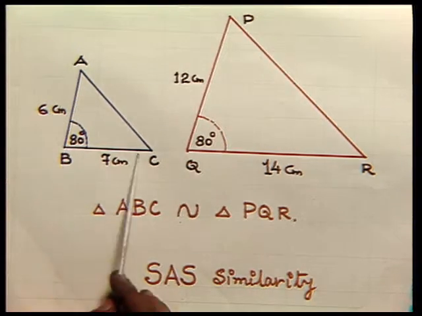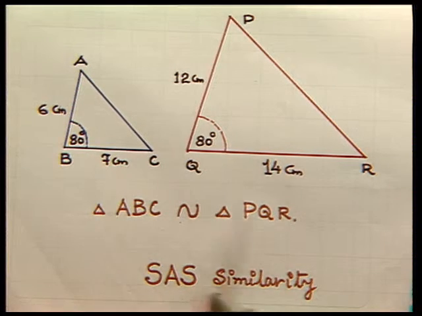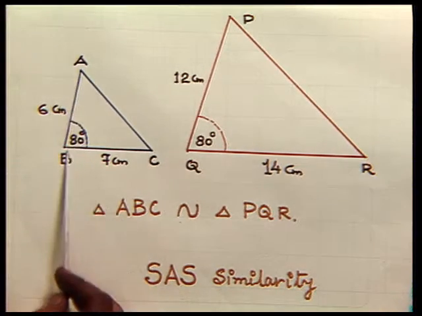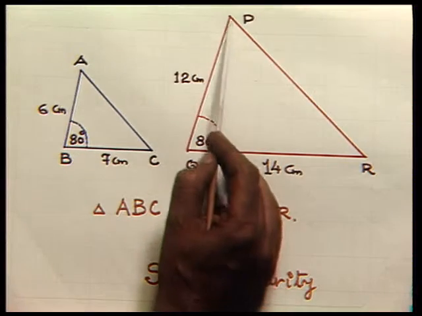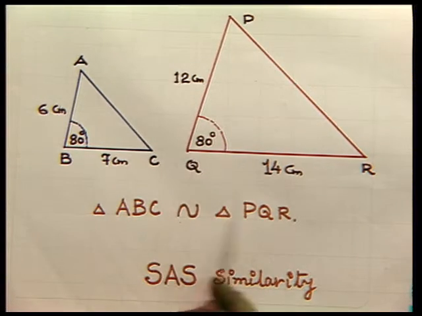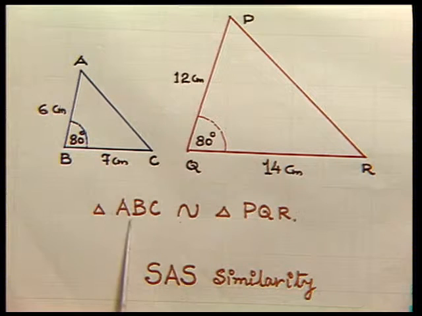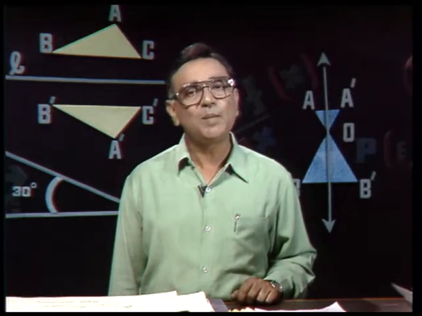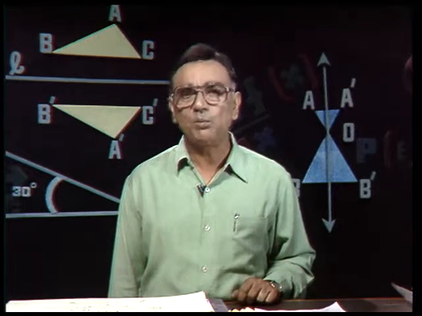The ratio of side BC to side QR is 7:14, that is 1:2, and angle B is equal to angle Q, that is, the angle included between sides AB and BC is equal to the angle included between sides PQ and QR. So, we say triangle ABC is similar to triangle PQR, and this is termed the SAS similarity theorem. So, these were the three basic similarity theorems. Now, we shall apply them today to solve some problems.